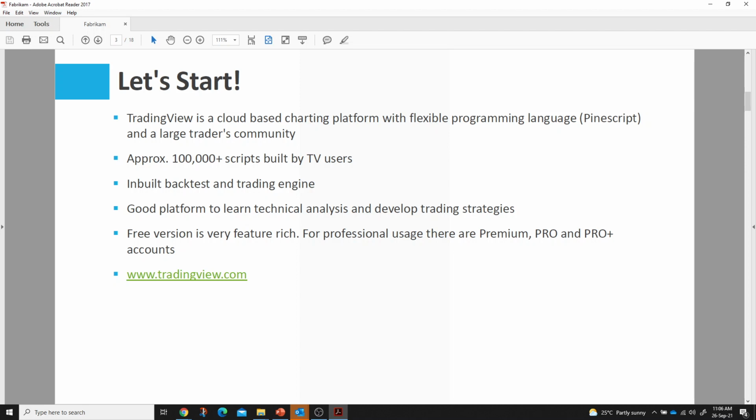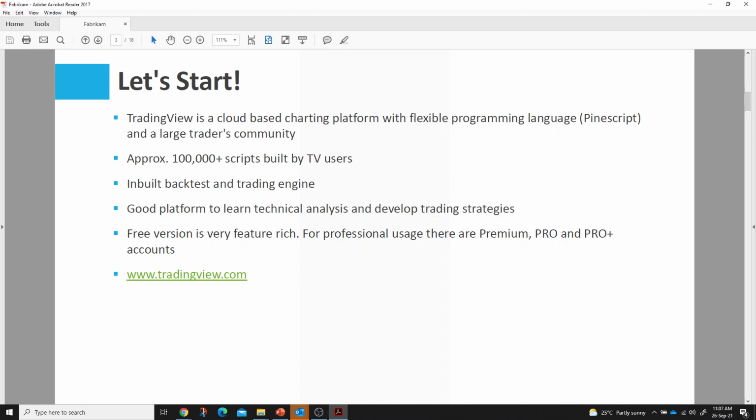It has an inbuilt backtest engine which is very fast, I can say. For a web-based one, it is very fast, and it has a trading engine also. So you can trade using TradingView. Broker integration currently is a challenge for India. We have to use certain ways. I will show you.